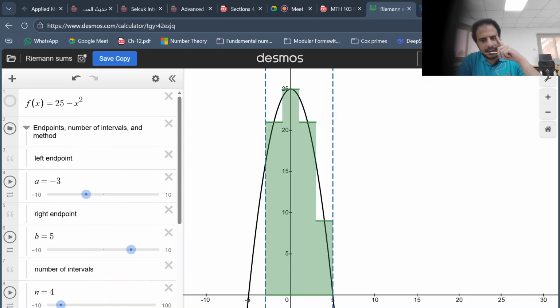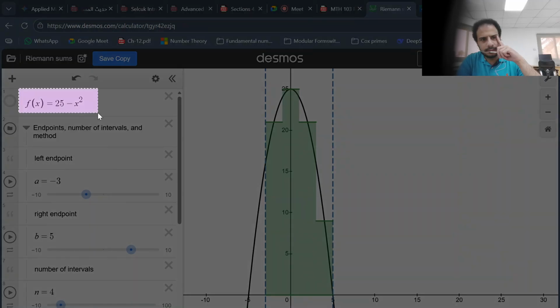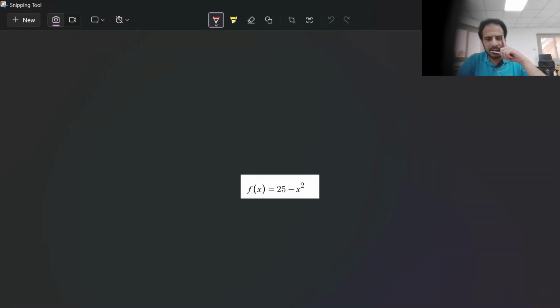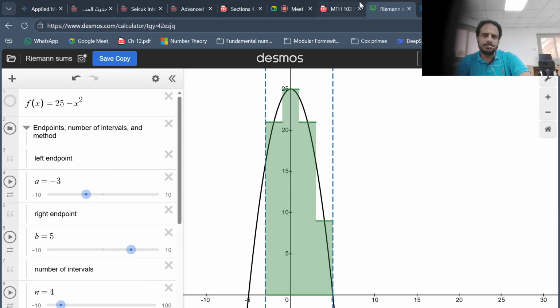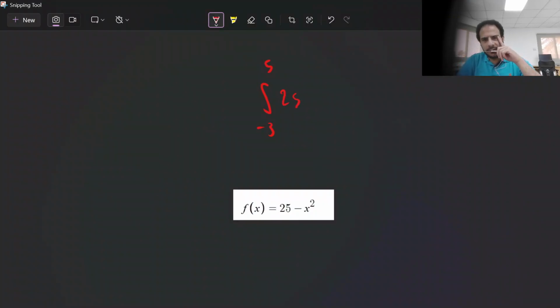If you want to get the exact result, we solve the integral, right? So we have 25 minus x squared. We will solve the integral from minus 3 to 5 of 25 minus x squared. You get 25x minus x cubed over 3 from minus 3 to 5.